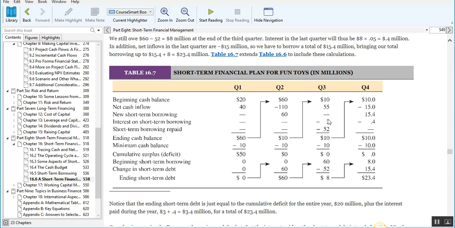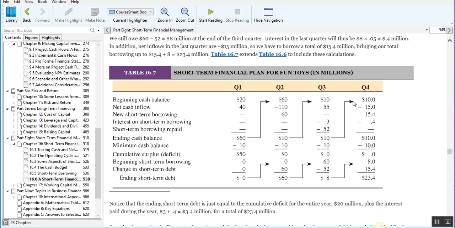Then you're going to pay some cash outflows here on short-term borrowing, and you're going to repay some of the short-term debt, and you'll have an ending cash balance, and you'll have the minimum that you need, which leaves you with zero. And so you have beginning short-term borrowing minus the change in short-term debt, which is what you paid here, and then you have this $8 million in short-term debt.